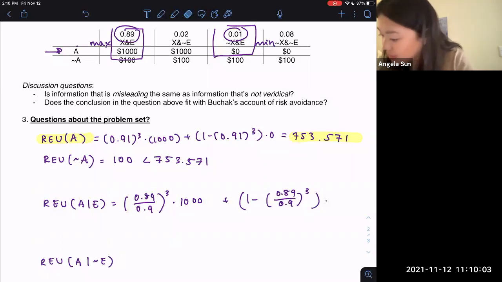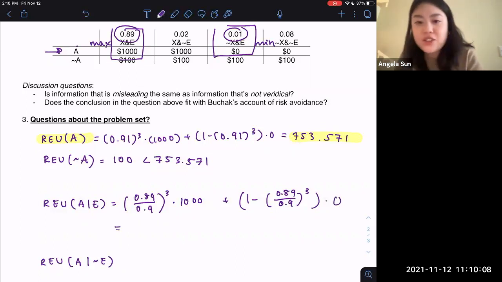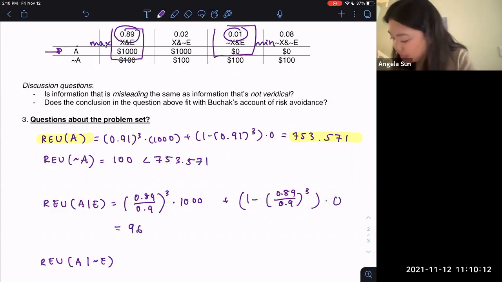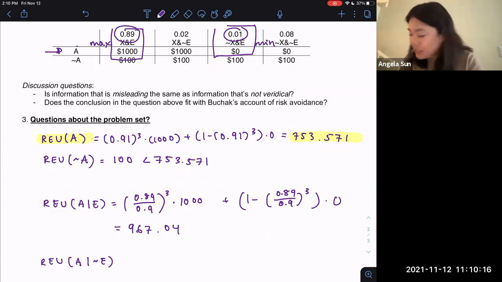This should be 1,000, not 10,000. Sorry about that, times 0. Okay, and that's going to turn out to be, according to my calculations, 967.04. So 967.04 is greater than 100.